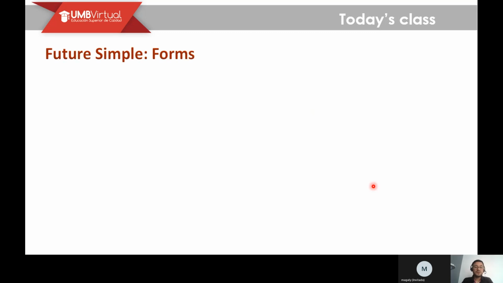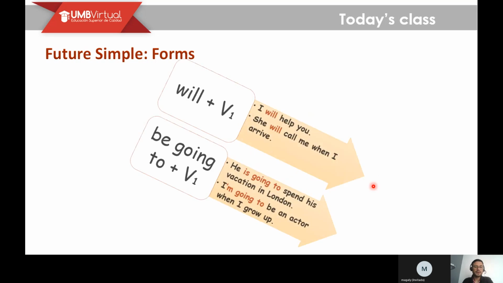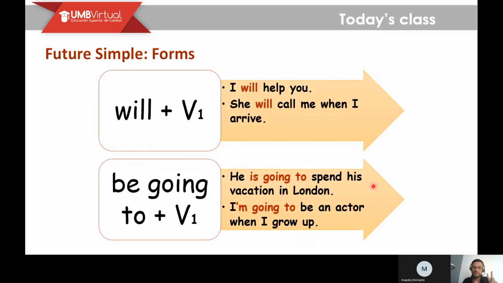Now we're going to move to future simple forms. We have two forms of future. The first one is using will, that is the auxiliary for future.